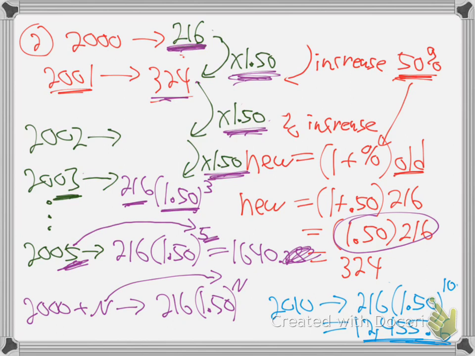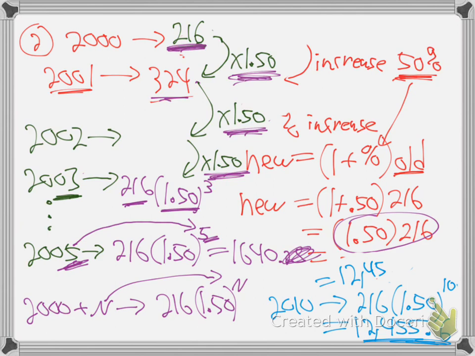So I just did this formula on my calculator. For 2010, it's 216 times 1.50 to the 10th. Whatever the year is, you just do that as the power, and then use your calculator. It came out to be 12,455.6.